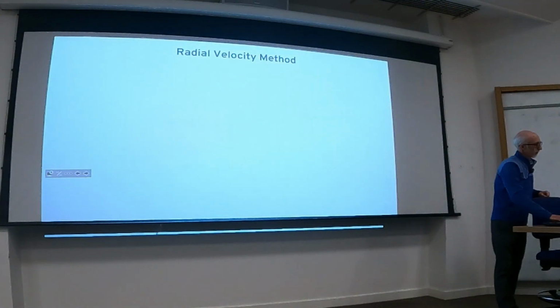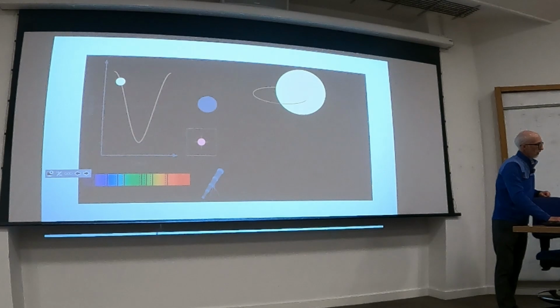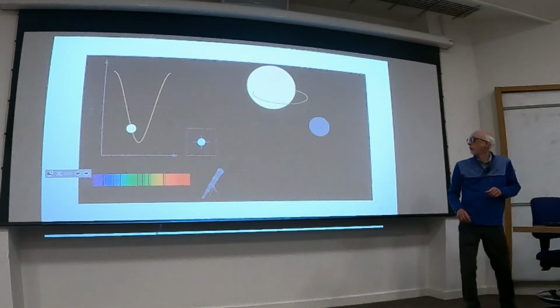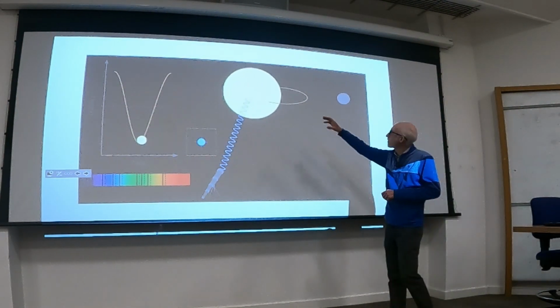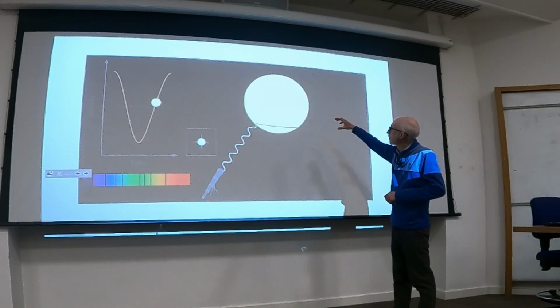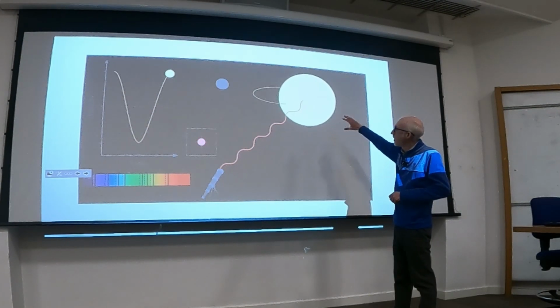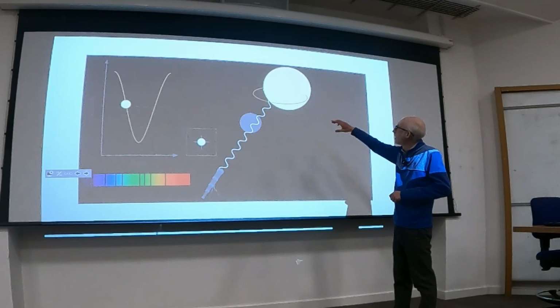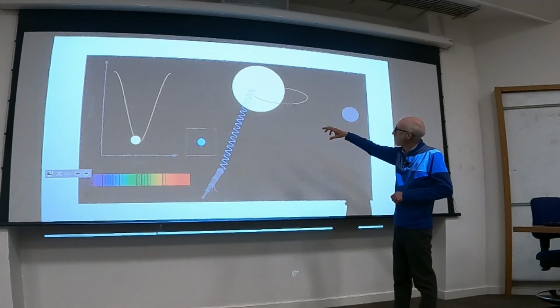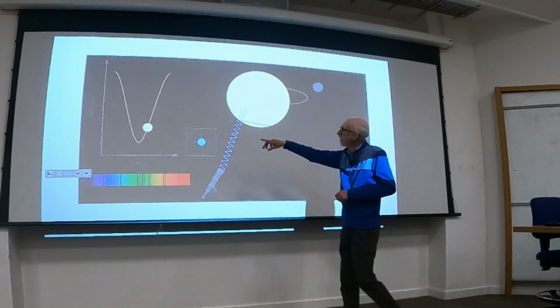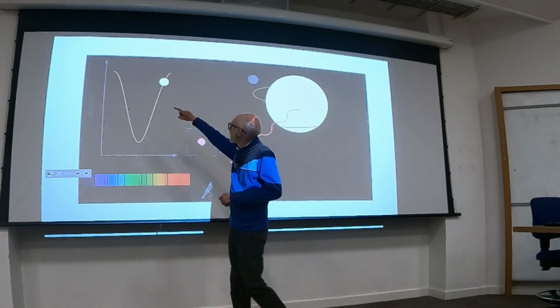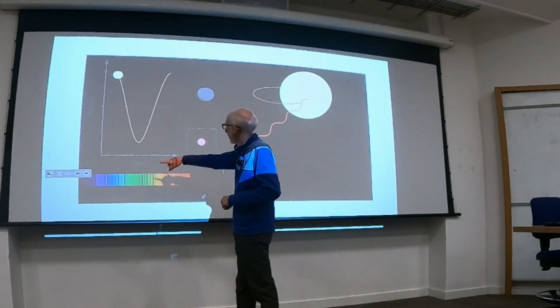And what happens when a planet orbits is it just changes the motion of the star slightly. So as it goes away, the light becomes more red, and as the star comes back towards you, it becomes slightly more blue, so that you can detect a velocity change.